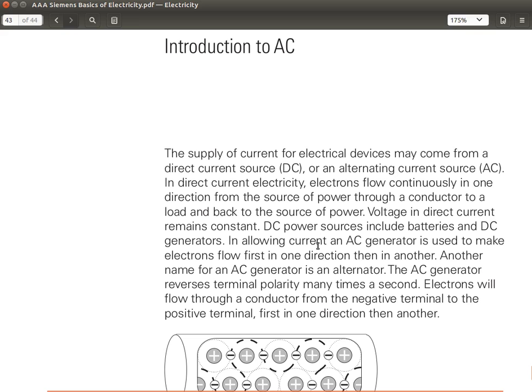In alternating current, an AC generator is used to make electron flow first in one direction, then in another.